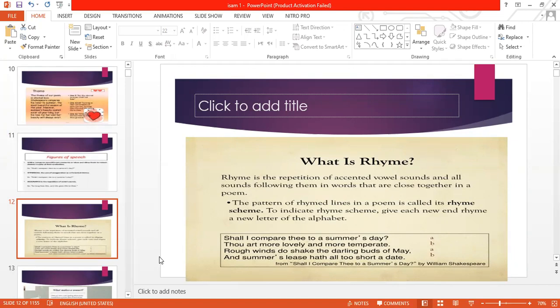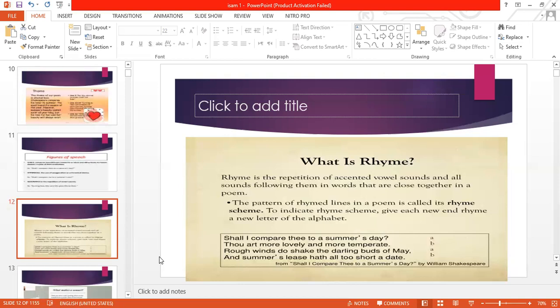واحنا بنعطي لكل سطر طبعا حرف جديد. Shall I compare thee to a summer's day؟ شوف نهاية الكلمة day. You though are more lovely and more temperate. كلمة تنتهي temperate. شوف السطر الثاني: rough winds do shake the darling buds of May.